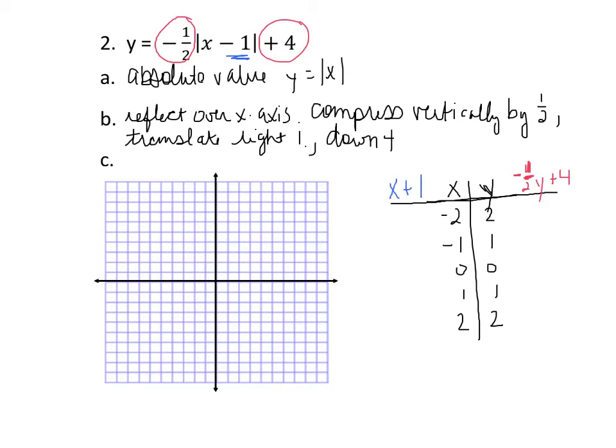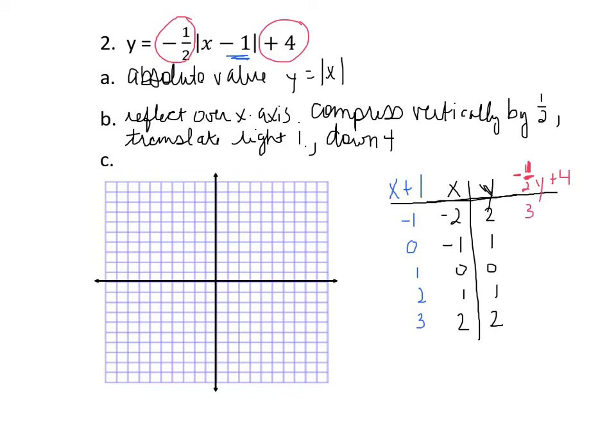Okay, so let's go ahead and figure out what those points are. So if you go -2 plus 1, that gives you -1. Negative 1 plus 1 gives you 0. 0 plus 1 is 1. 1 plus 1 is 2. 2 plus 1 is 3. Okay, now let's do the y values. So take a negative half of 2, which gives you negative 1, plus 4, that gives you 3.